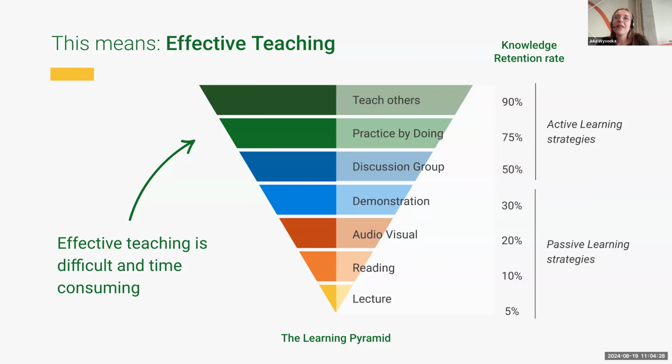So obviously the lectures and reading are effective, but we also want to include additional components such as students being able to demonstrate their knowledge, discuss in groups, and by default, practice by doing and teach others, because it says that this is the most empowering strategy for students to learn. So I hope that in this training and with the tool, you'll be able to include those additional components on top of your current methods and really utilize the features to make the teaching even more engaging and active.